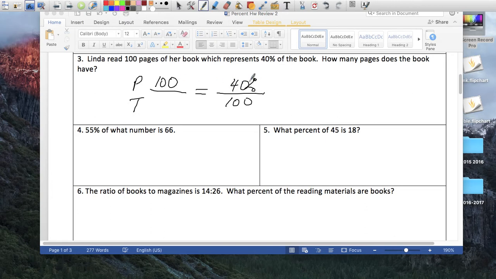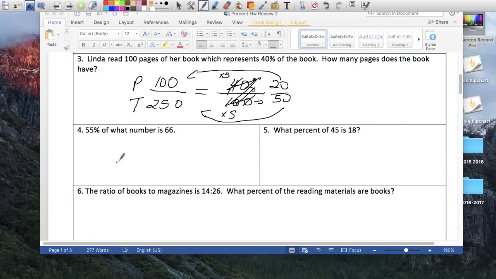No. So let's reduce this. Let's divide this by 2. It's 20, and 100 divided by 2 is 50. So here's our new ratio, 20 over 50. Now there's a relationship. Times 5: I'm going to multiply the bottom times 5, and 5 times 50 is 250. So the book has 250 pages, of which she read 100.